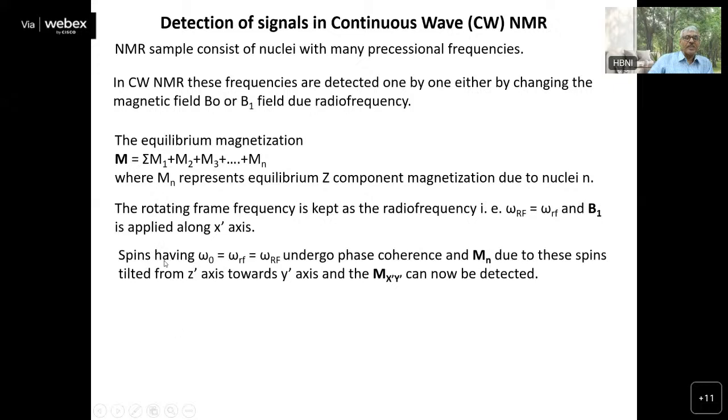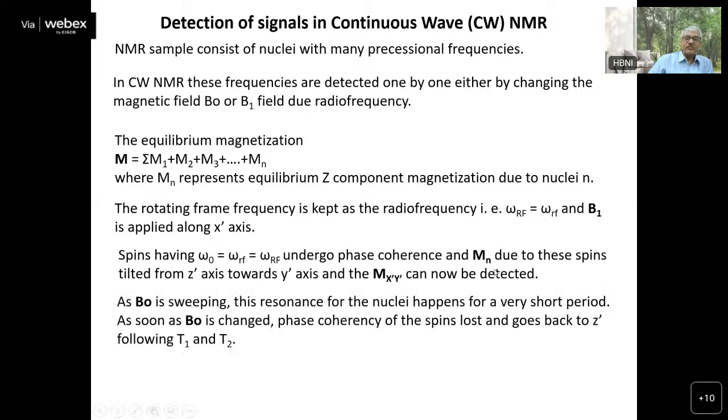What you will see is that spins having a precessional frequency equal to the radio frequency, equal to the rotating frame frequency, now have a phase coherence, and due to this the Z component magnetization will be tilted from the Z prime axis towards the Y prime axis. Then you will get an XY component of magnetization which can now be detected.